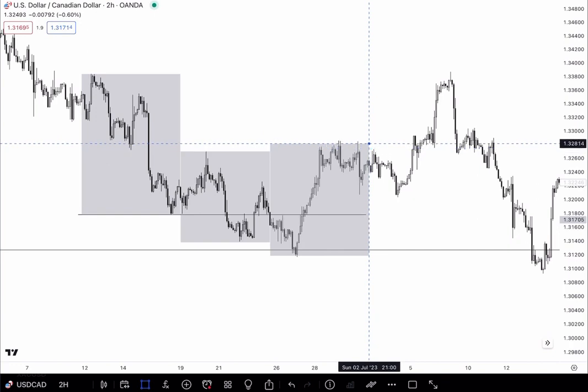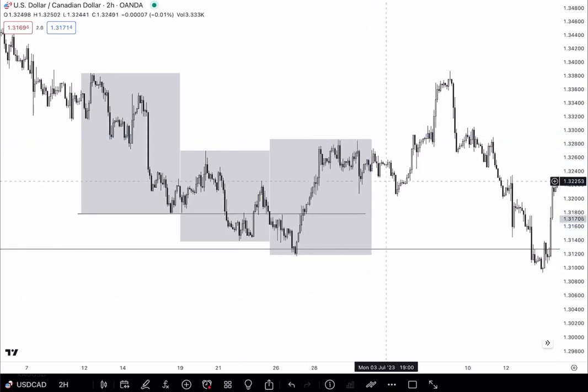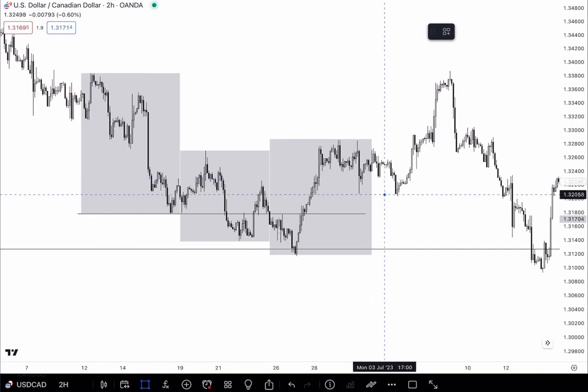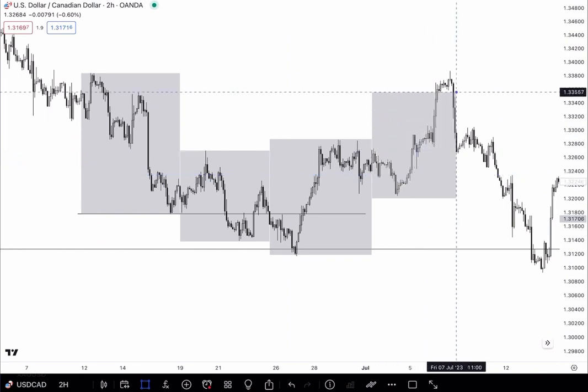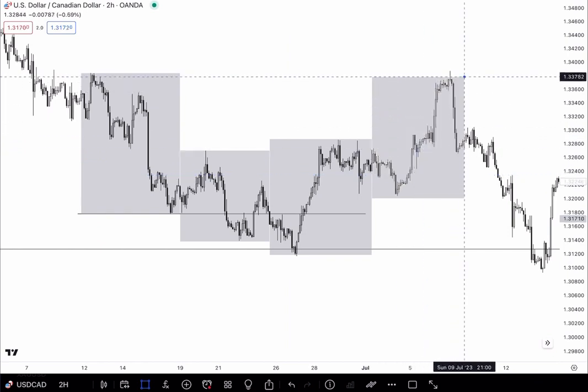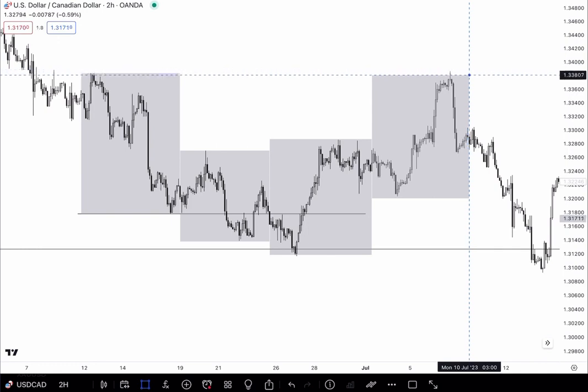This is all working inside of one candle. Week 1, week 2, week 3. This is all happening within the same candle, right? And things are getting super fun as we delve deeper into the lower time frames.